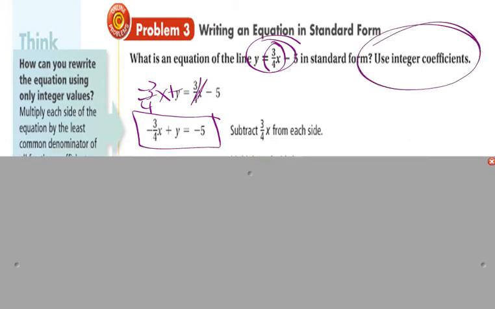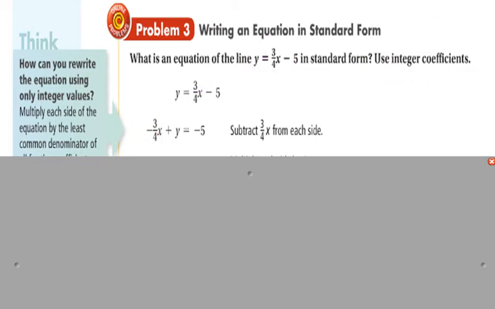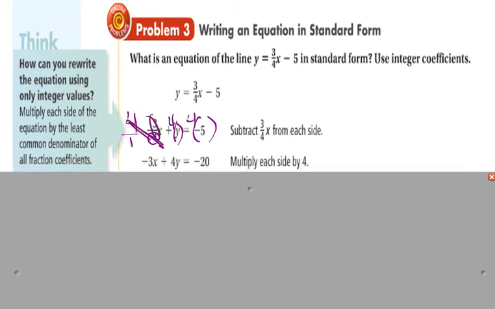Oh, wait. One other thing. They said use integer coefficients. So we've got to clear the fraction. How do you clear a fraction? Well, multiply by its denominator, right? If I want to get rid of that 4, I'm going to have to multiply by 4. And if I multiply that by 4, I have to multiply that by 4, and I have to multiply that by 4. Right? And these cancel out. Let me repeat that.